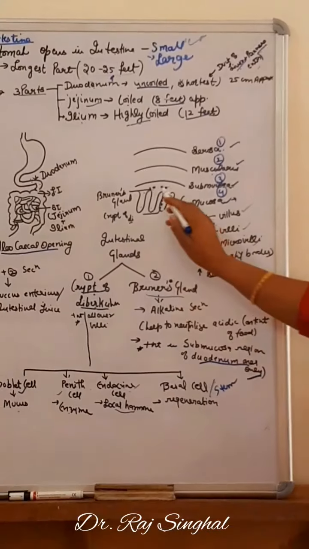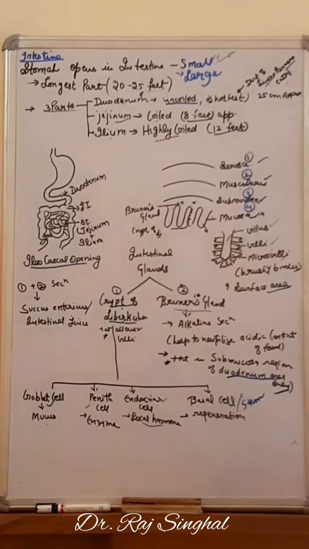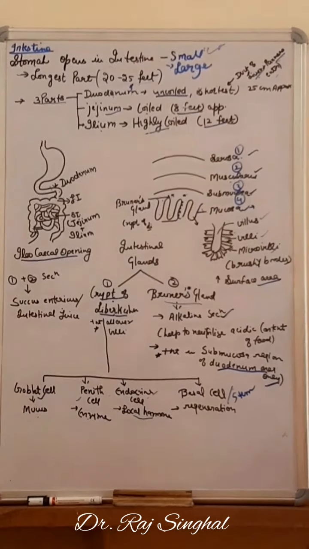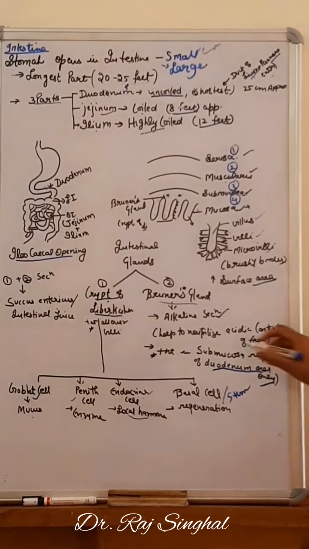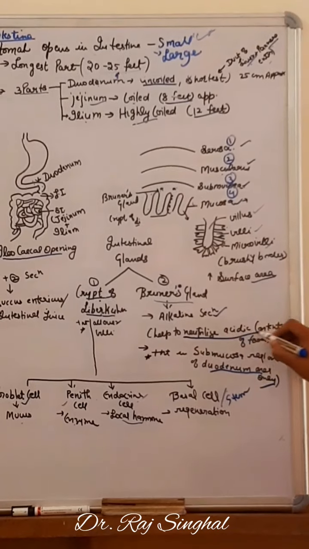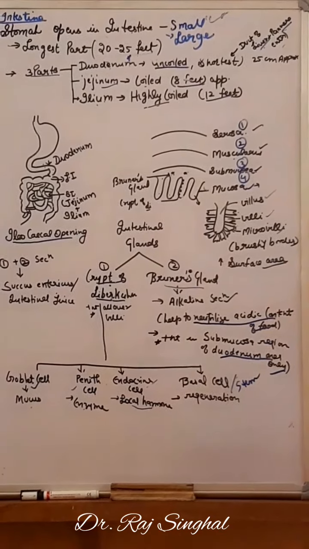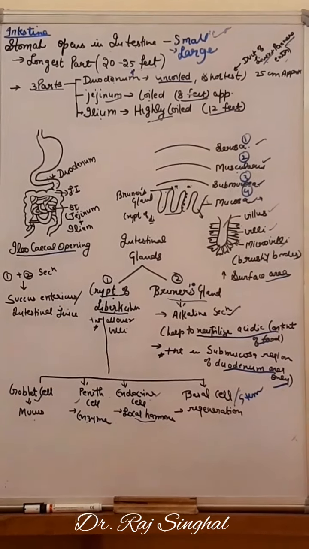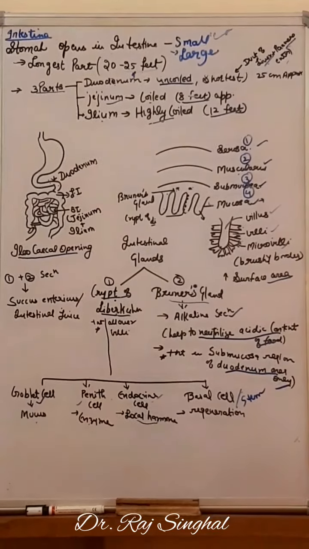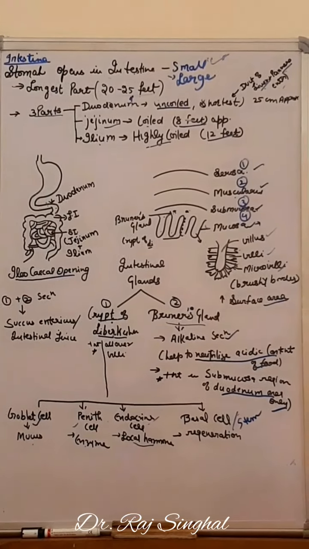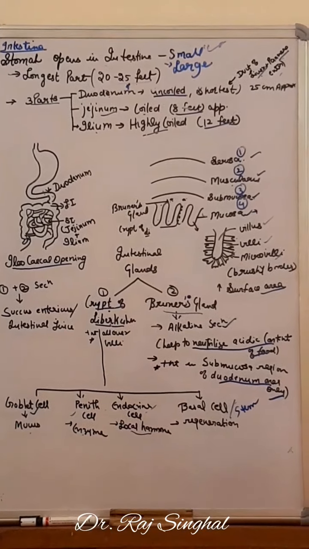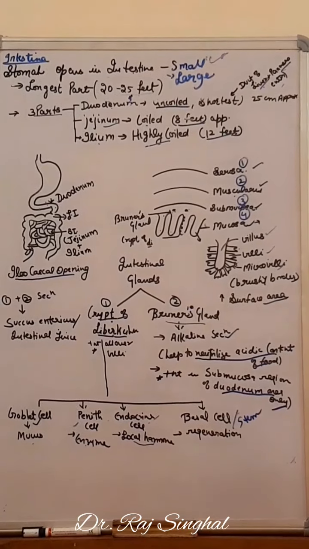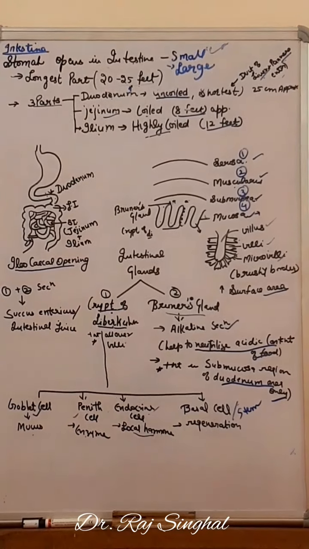Brunner's gland, which is confined to submucosa region, secretes alkaline secretion. This alkaline secretion helps to neutralize the acidic content of the food which is coming from the stomach. As we have studied, the stomach contains gastric juice as its secretion, which has HCl as one of the main constituents, so the content is acidic.